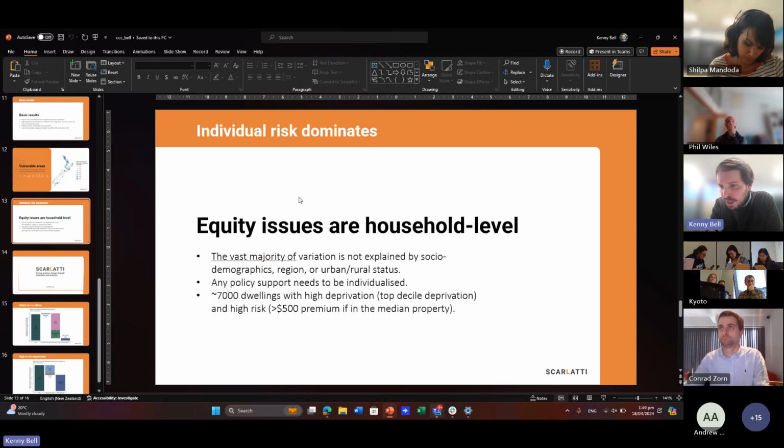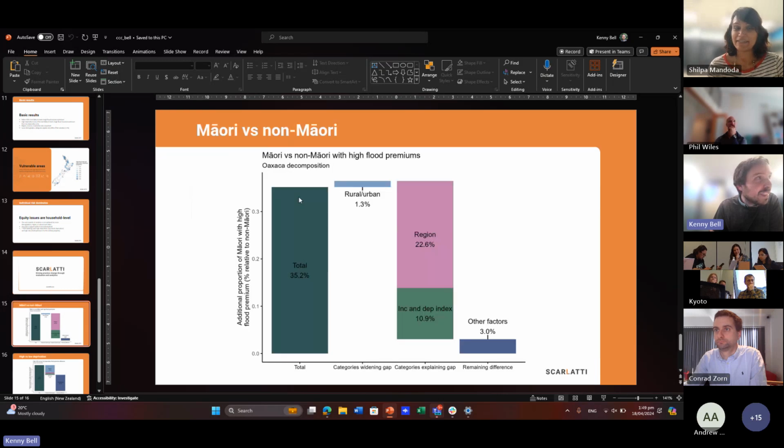All right, I have maybe 1 minute to keep talking about some of those gaps. I'll just show you one more graph at the end here. This is a decomposition of the Māori non-Māori gap.